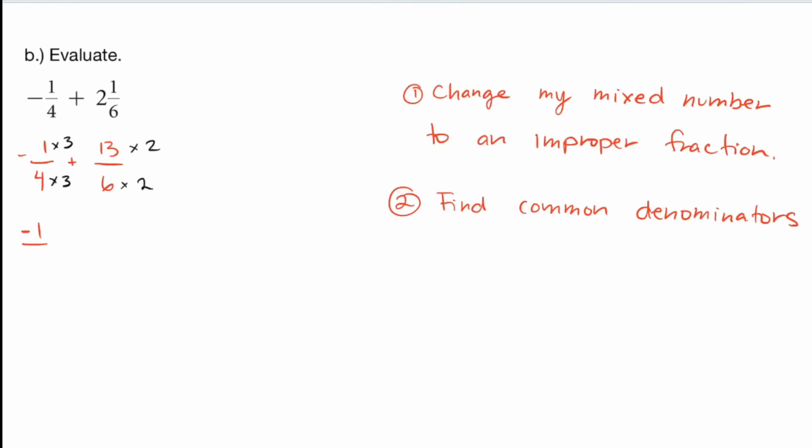Negative 3 over 12 actually. Negative 3 over 12 plus 26 over 12. So now I just have to add my numerators.